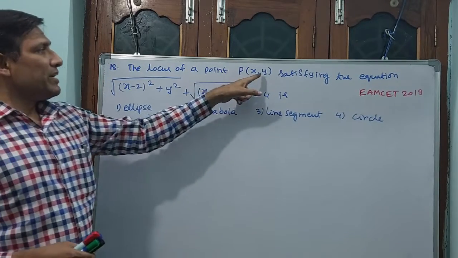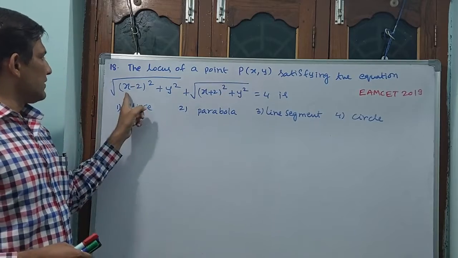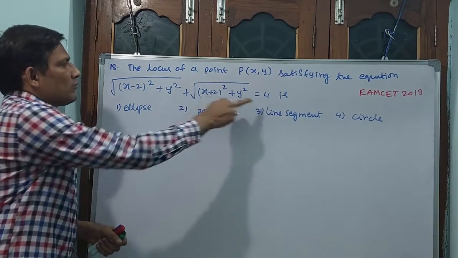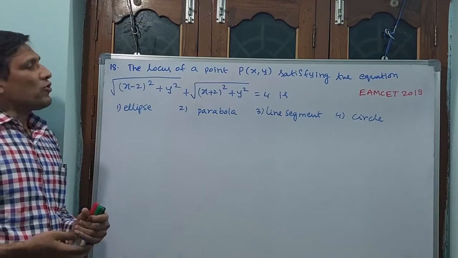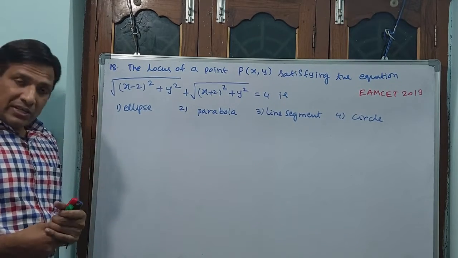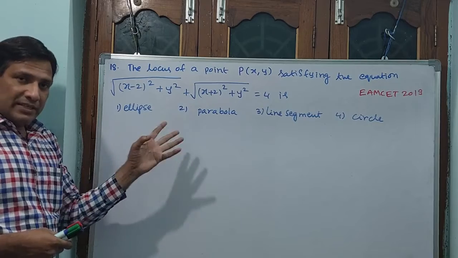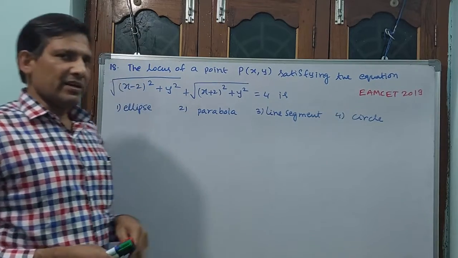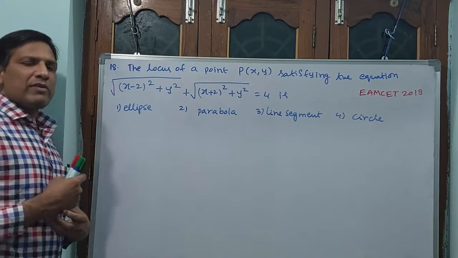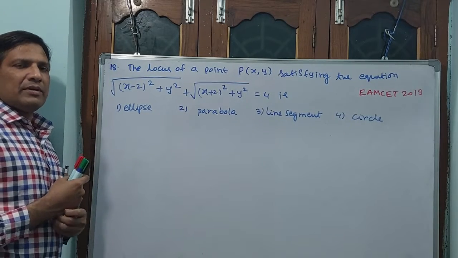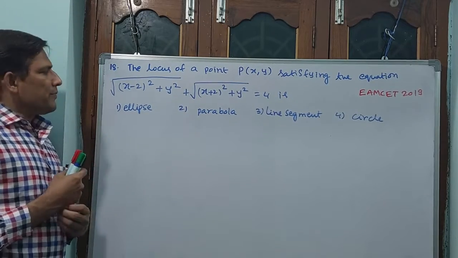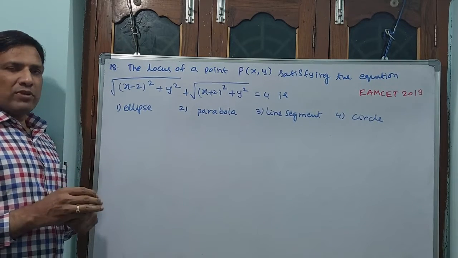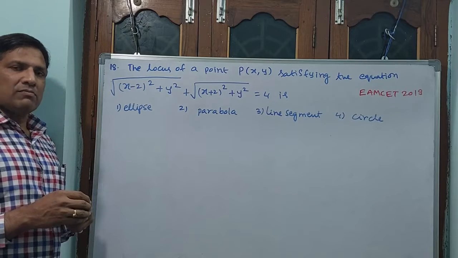See here, P(x, y) means these x, y only. Now if you solve this, automatically you are going to get one equation. Based on that equation, we come to know whether it is an ellipse, parabola, line segment or circle. Circle means we know x square plus y square plus 2gx plus 2fy plus c equal to 0. Ellipse we know x square by a square plus y square by b square is equal to 1.